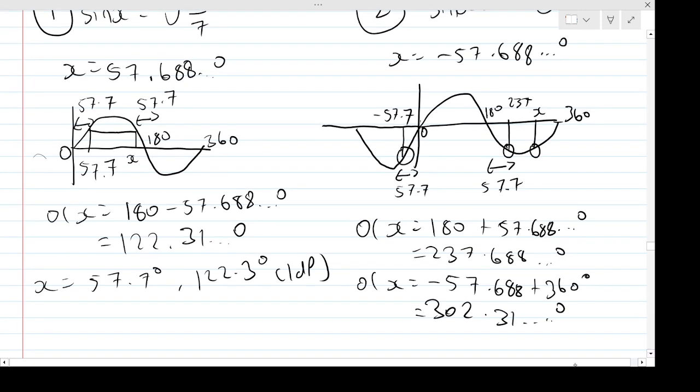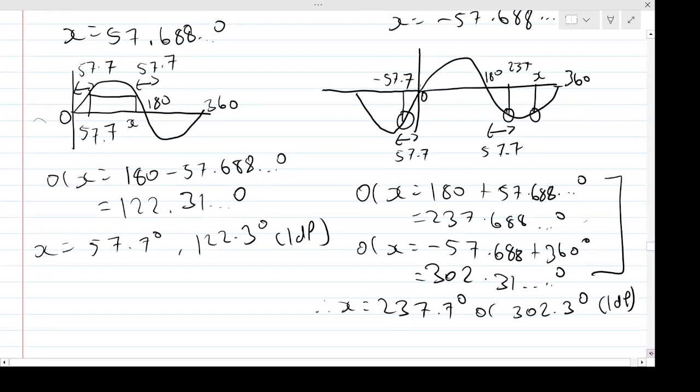So therefore then, the solutions between 0 and 360, so the positive part of the sine graph there, are these two other solutions we found here. So overall then, x is 237.7 or 302.3 degrees, right, to one decimal place. There we are then. So we got the two solutions then.